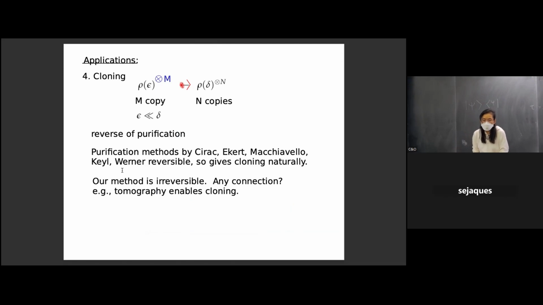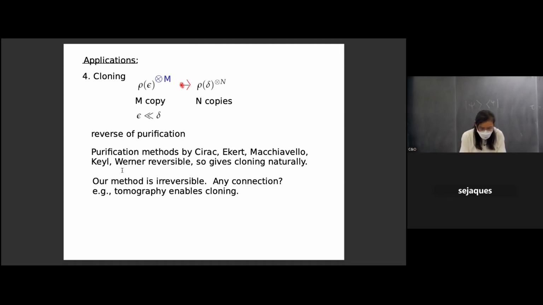Finally, purification is a natural reverse of cloning. In purification, you take a large number of copies of a noisy state and you want a smaller number of pure copies. Cloning takes a small number of copies of a good state and dilutes it to a larger number of noisier states.